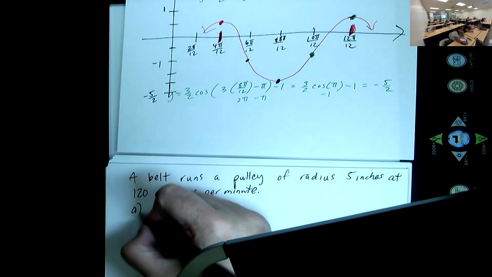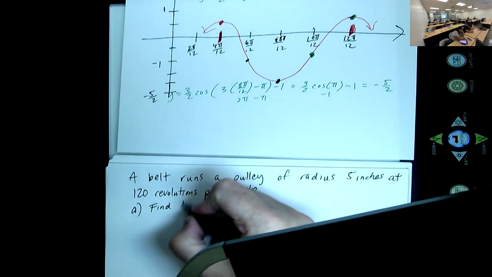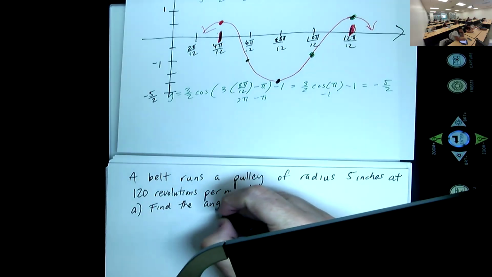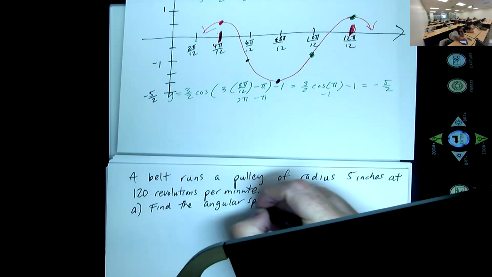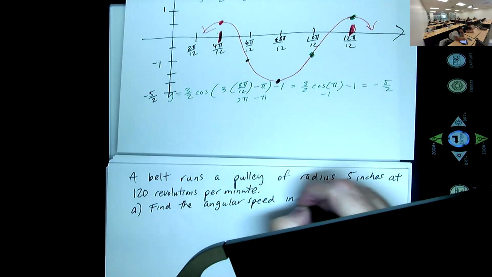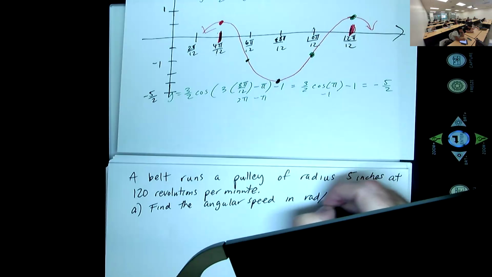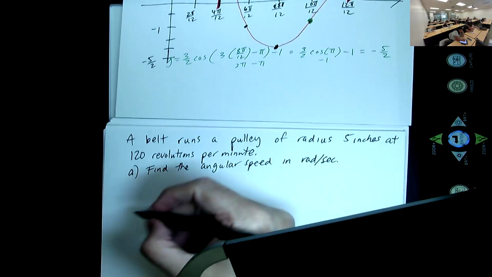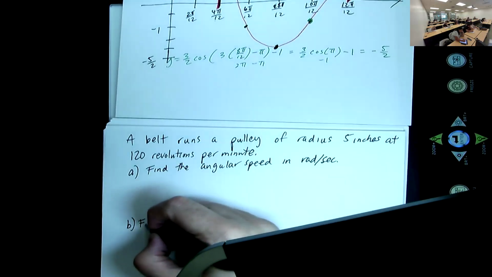A is find the angular speed in radians per second. And B will be find the linear speed in inches per second.